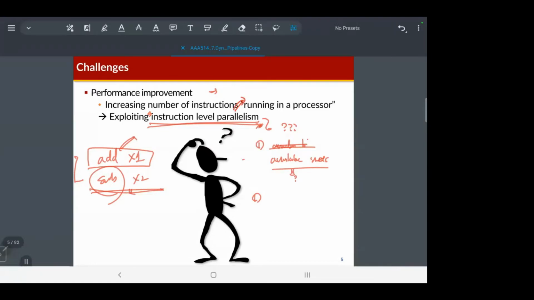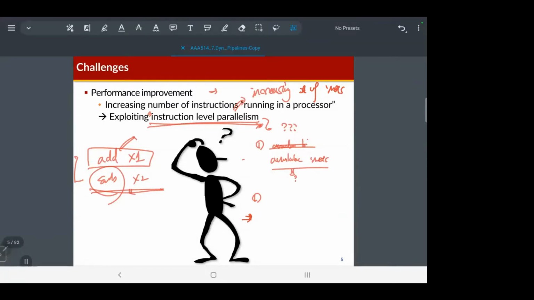Exploiting instruction level parallelism means increasing the number of instructions which are running inside of a processor. If we increase that number, then we can increase the performance of our processor. So I believe you can remember that we can increase the performance of our processor by using parallelism.